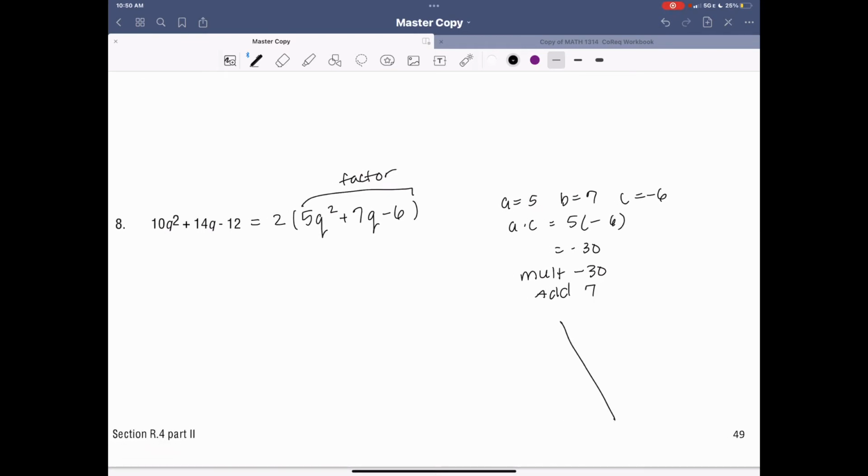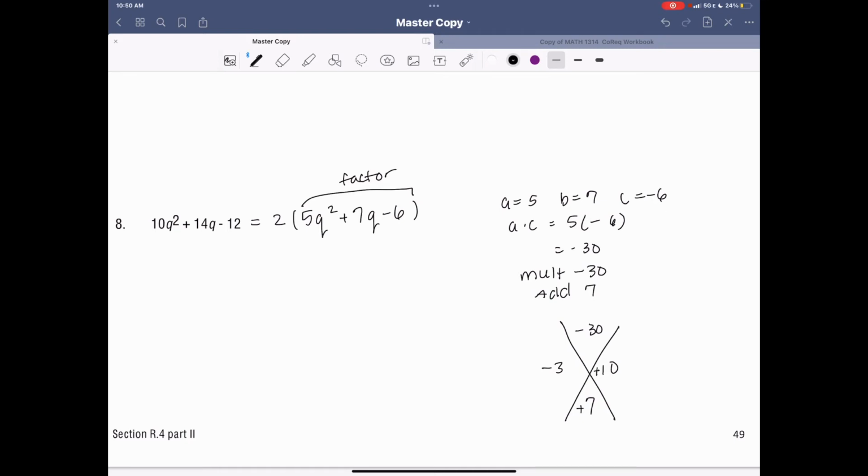So when we set this up, I have to think of the two numbers. In this case, it's going to be 3 and 10. This is positive. So if this is negative and this is positive, my signs are going to be different. So I have a negative 3 being added to 10.